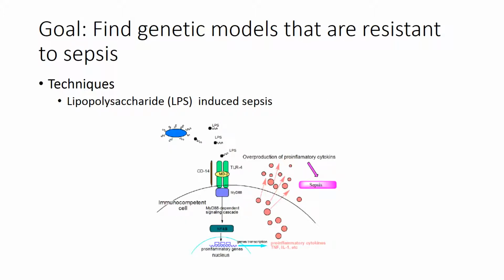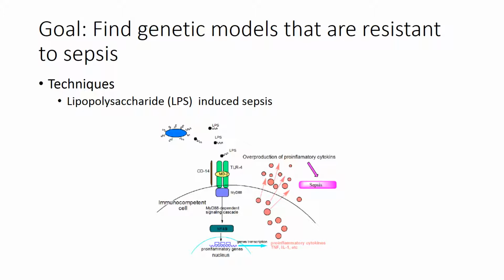The second is LPS-induced sepsis. LPS, as I said, is a protein in the tail of bacteria. It's the signal that there's some bacteria invading, and we need to get rid of it. You can see in this diagram that it's binding to TLR4, goes through a cascade, and activates NF-kappa B, and these are the pro-inflammatory genes that I was talking about, TNF-alpha, IL-1 beta, and so on.